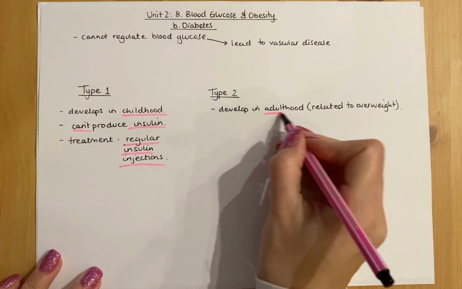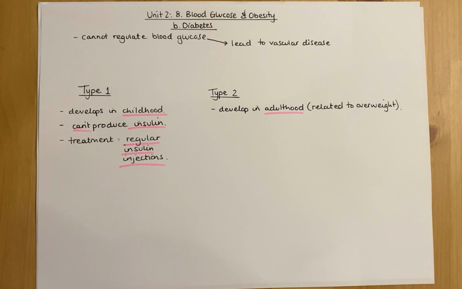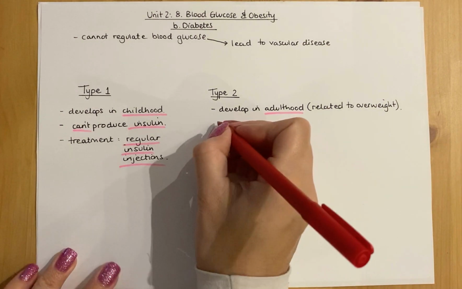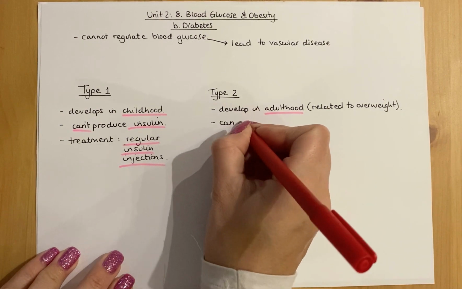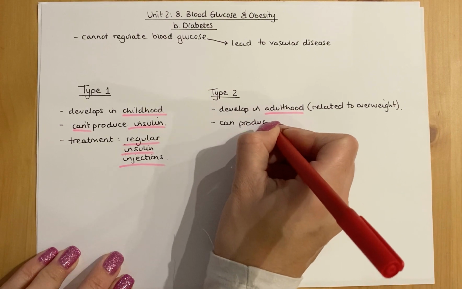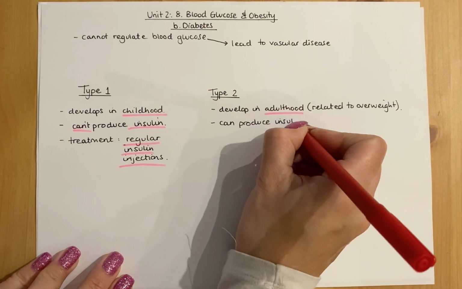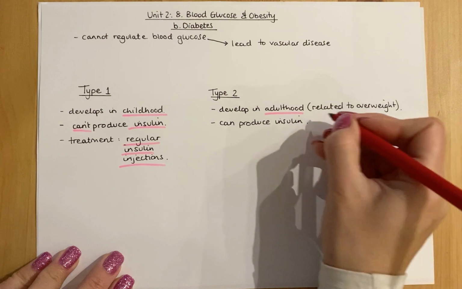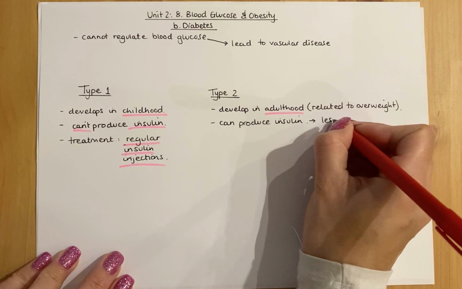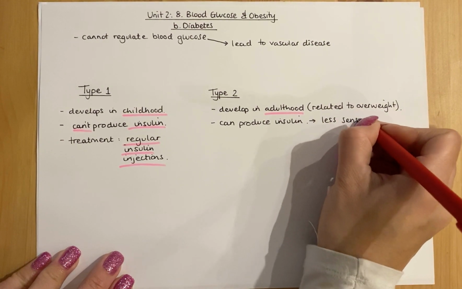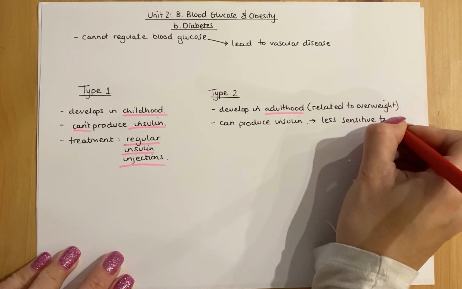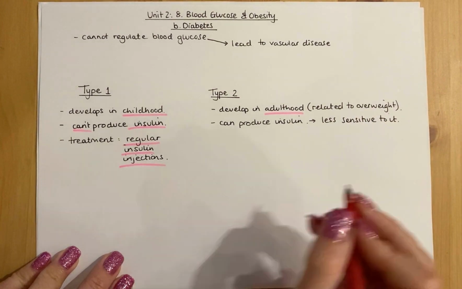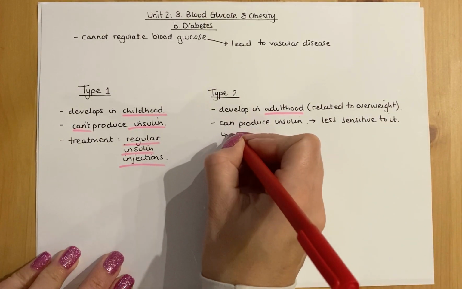For type 2, it develops in adulthood. Now the type 2 person can produce insulin, but the problem is that they are less sensitive to it, because they have developed what's called insulin resistance.